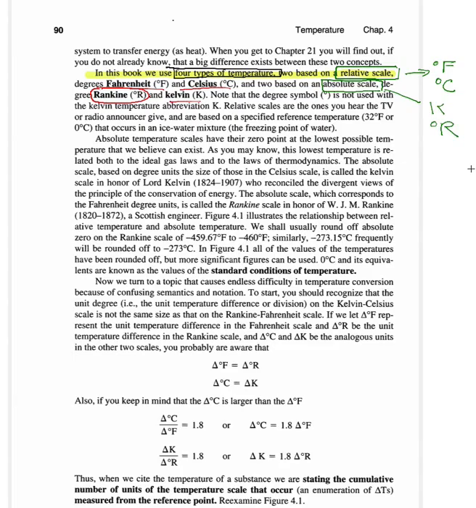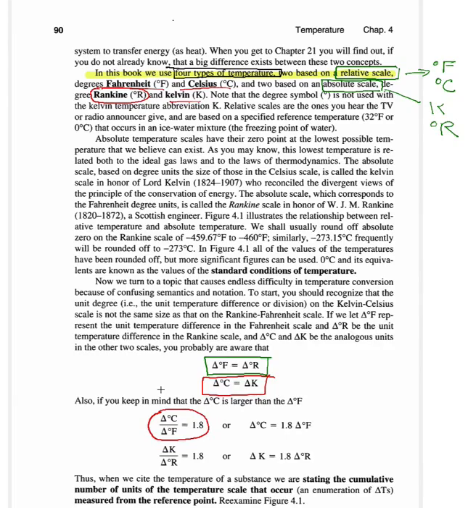And what's the difference? Well, the key difference here is that a degree Rankine is exactly the same size temperature interval as a change in degree Fahrenheit. And as you probably know, a change in degree Kelvin is exactly equal to a change in degree Celsius. The relationship between Celsius and Fahrenheit is that a change of 1 degree Celsius is equal to a change of 1.8 degrees Fahrenheit.